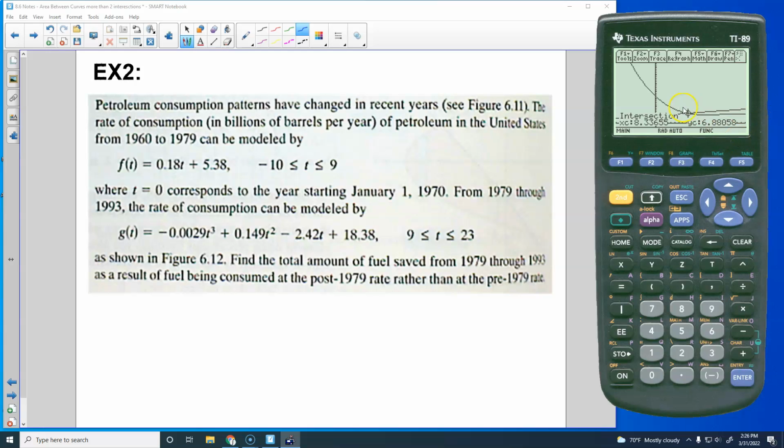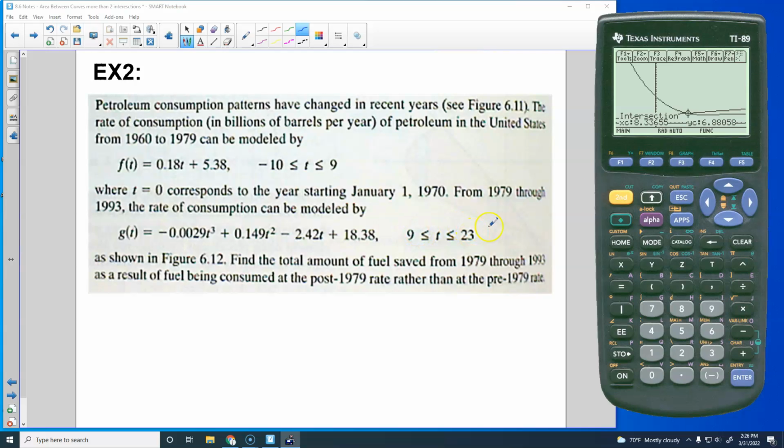So this problem asks us to look at the amount of fuel saved from 1979 to 93. And in this case, for whatever reason, t equals 0 is 1970. So we just need to look from 9 to 23.